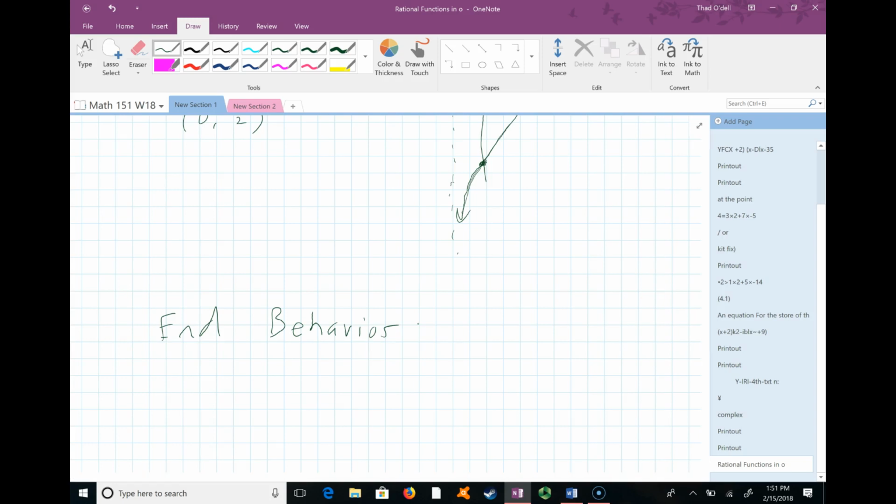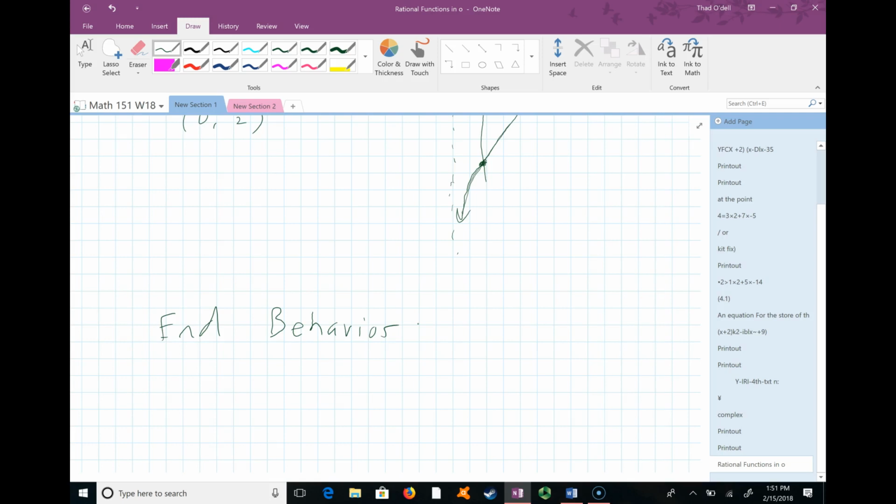Just like in polynomials, we can determine the end behavior of a polynomial just by knowing whether the degree is odd or even and whether its leading coefficient is negative or positive. So it's a similar case with rational functions.